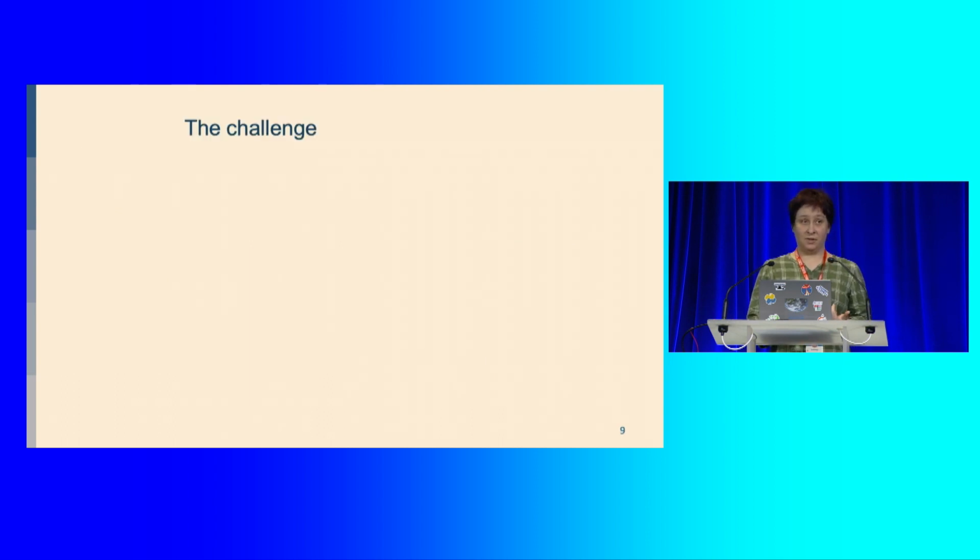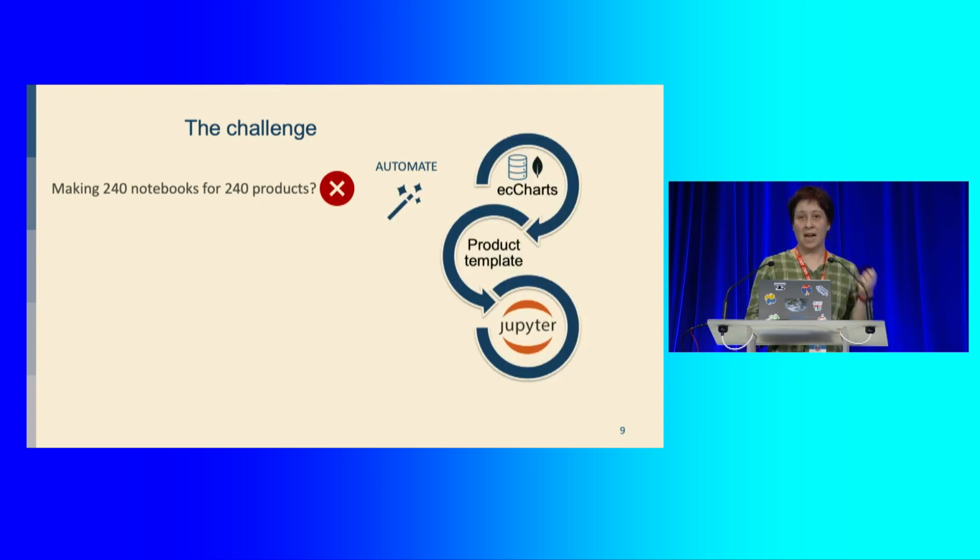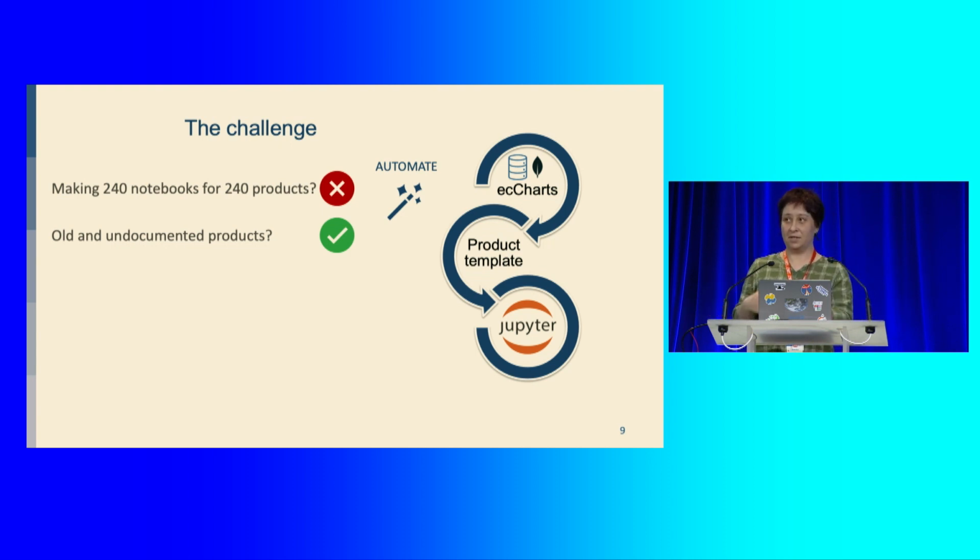So what was the challenge here? Was it making 240 notebooks for 240 products? Well, no, because most of these can be automated with Jupyter notebooks. But my actual challenge is that there are many products whose production started like 20 years ago, and then it works, and they were never changed.